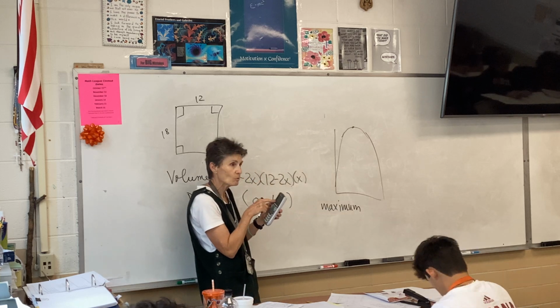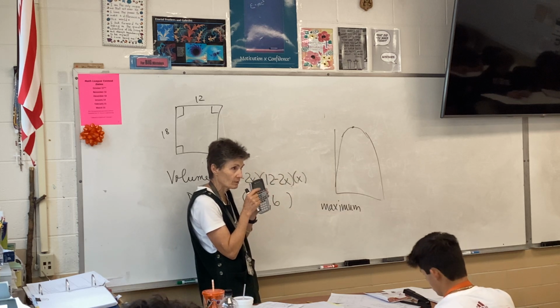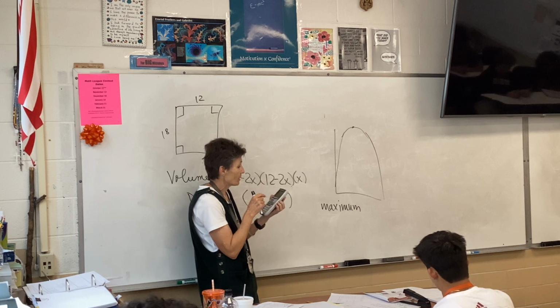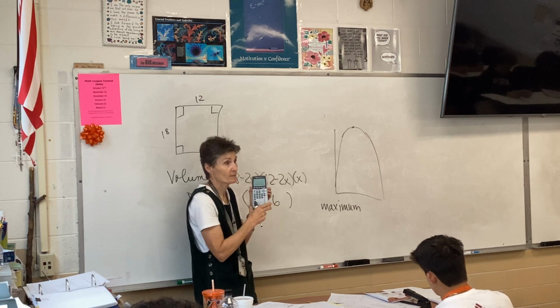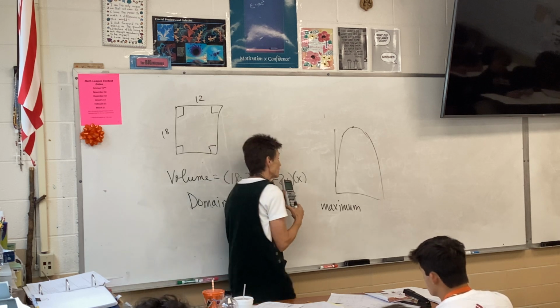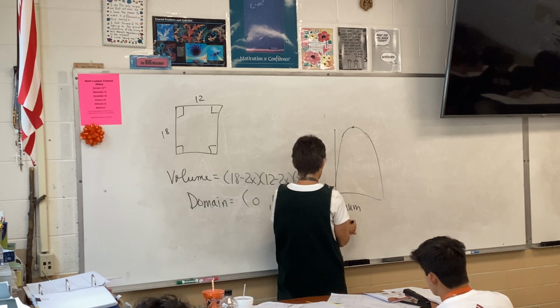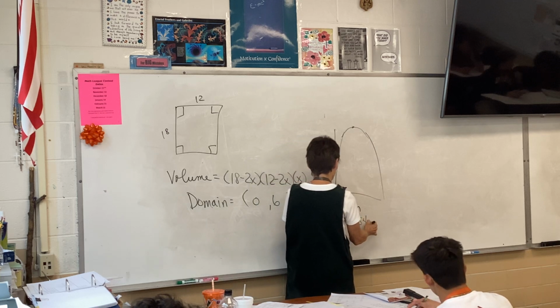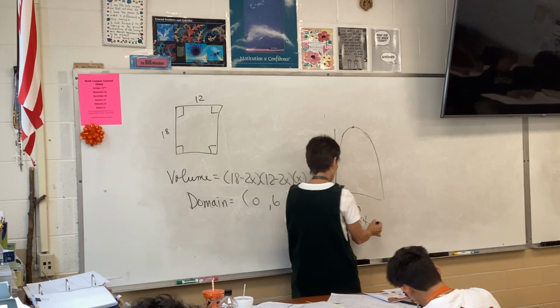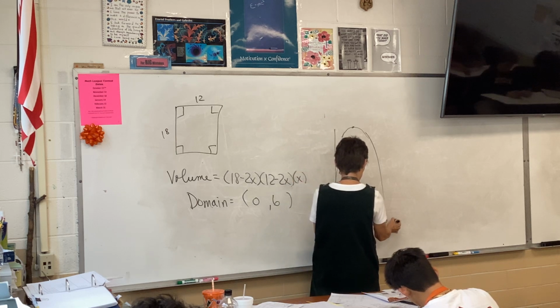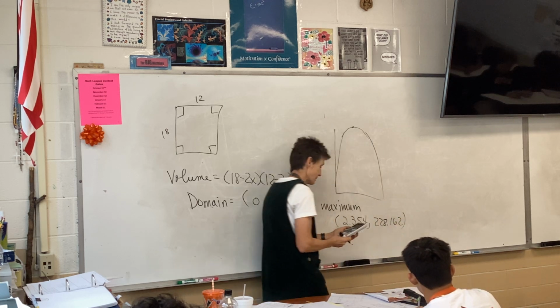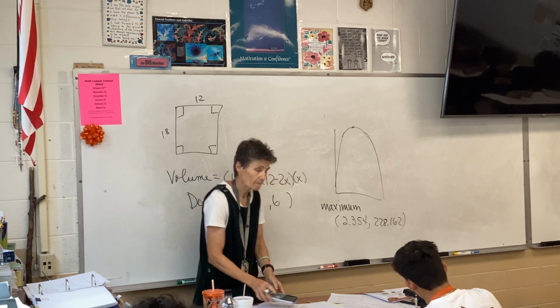You have to see the word maximum on the calculator. Top left? Mine's on the bottom, but yours could be on the top. When you see it, you know you've got it, and it's 2.354, comma, 228.162. Is that what you got, Joe? Yeah.